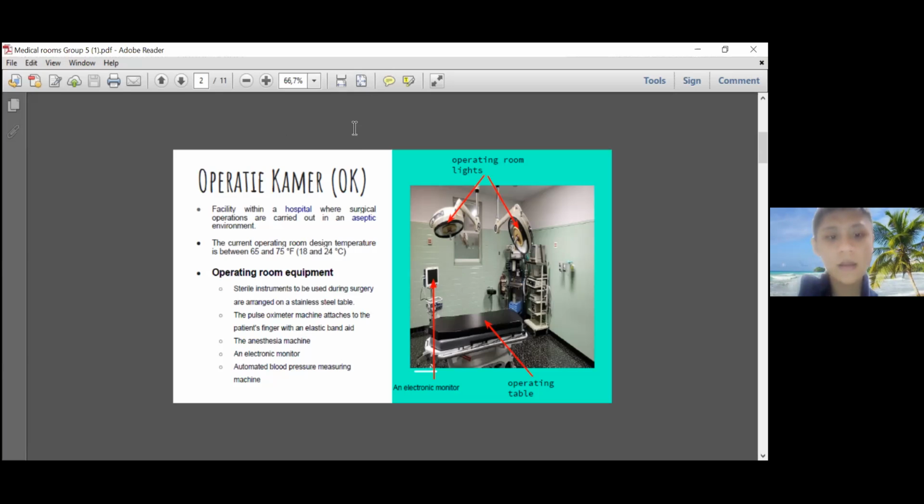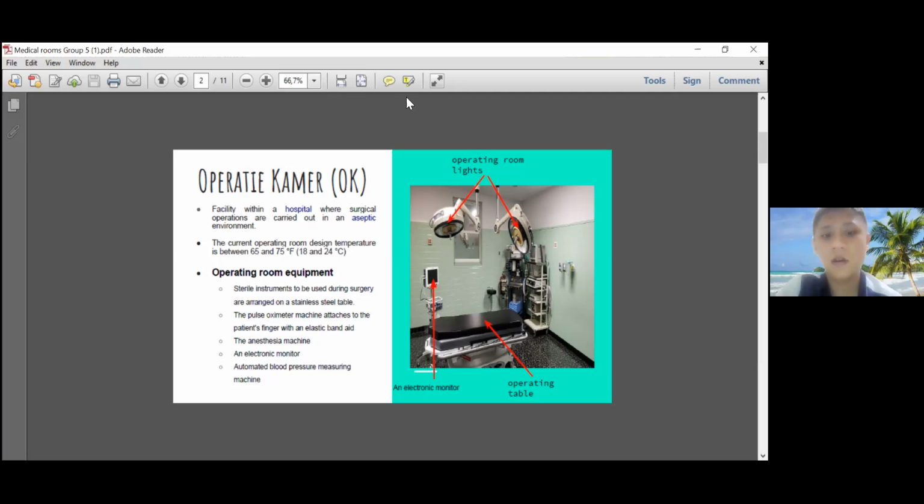And there is so much operating room equipment included in this operating room, but I would like to talk about several that are important. There are sterile instruments to be used during surgery, arranged on a stainless steel table.